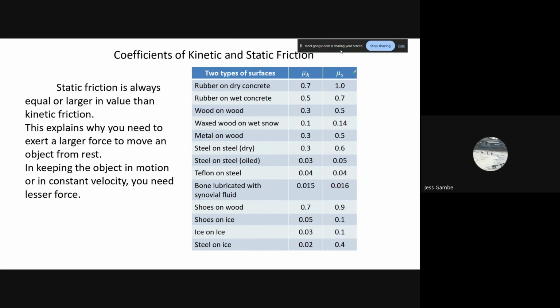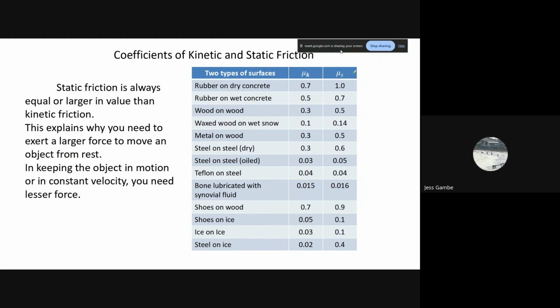Okay? So it simply means that it requires a lot of energy to move an object that is initially at rest. But once it is moving, it takes less effort. I think you can observe this if you, let's say, push a refrigerator. If you can't push a ref, something else you can relate to. Initially, the energy required is high. When you push a table, initially your energy requirement is high to overcome the static friction.